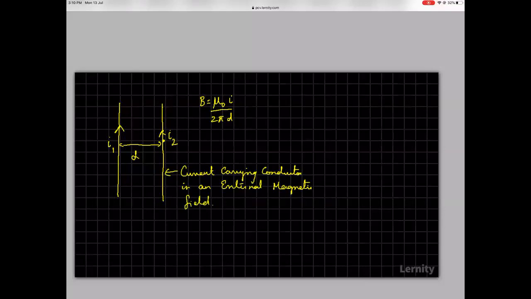So there will be a force acting on it, B into I2 into L. So can I say that this will experience a force which is equal to mu naught I1 I2 L by 2 pi d.